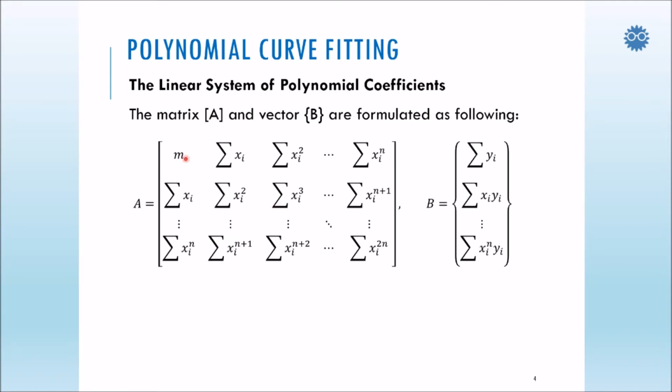Here we see the coefficients matrix of the linear system. The first element, a11, is m, the number of the data pairs, while the other elements are the sums of x to different powers. So x to the power 1, x to the power 2, and here we notice that this is the sum of all values of x raised to power 1, for example.